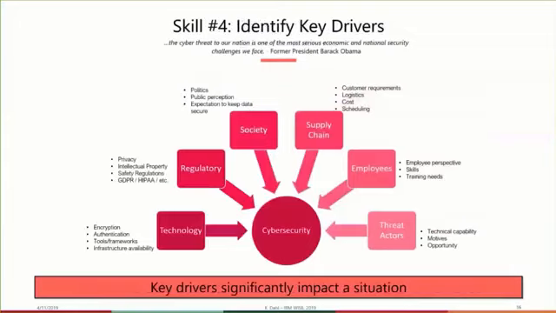And skill number 4, identifying key drivers. Key drivers are things that can significantly impact a situation, and they're not always technical in nature.